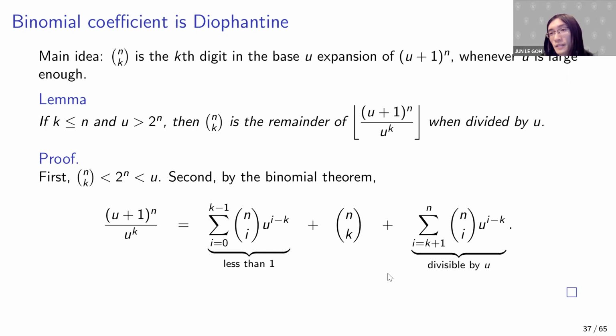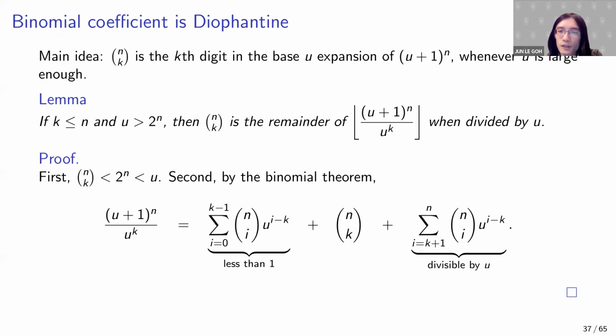Because the rest are going to be integers. The second term here is just n choose k, that's what we are interested in. And the third term is not only an integer, but actually divisible by u, because each term has some positive power of u in it. So we have something divisible by u, plus some integer, plus something that's less than 1.